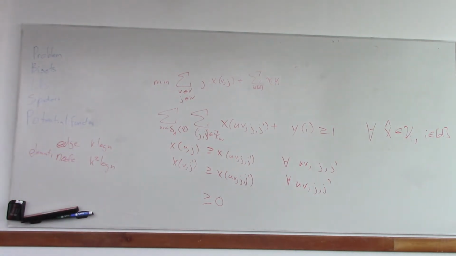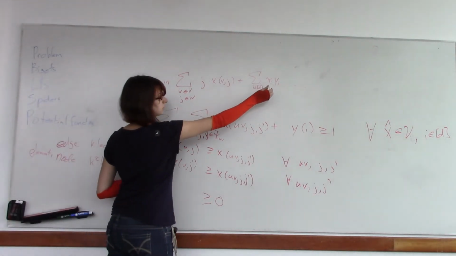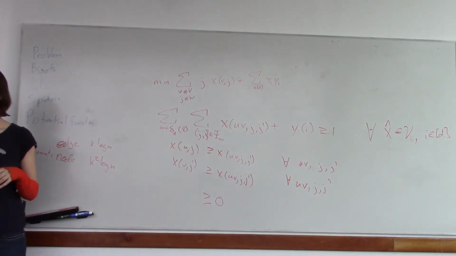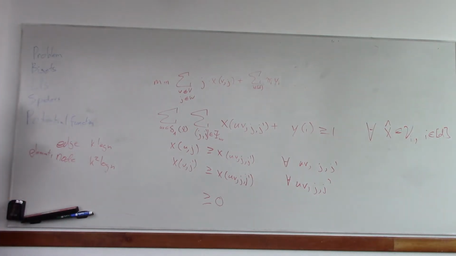If you don't have any prize collecting parts, we just need to ensure connectivity. So if you just look at the original problem, is it easier to approximate or is it the same? The non-prize collecting does have better approximation. For non-prize collecting, you can do a factor of 2, but that's not for network activation though.